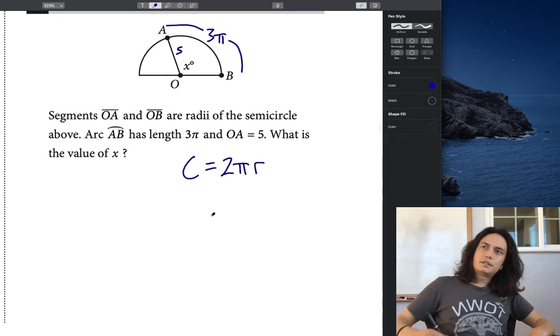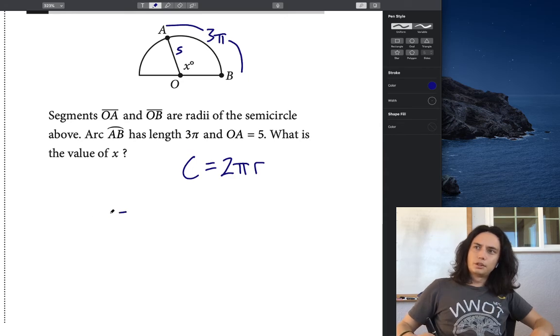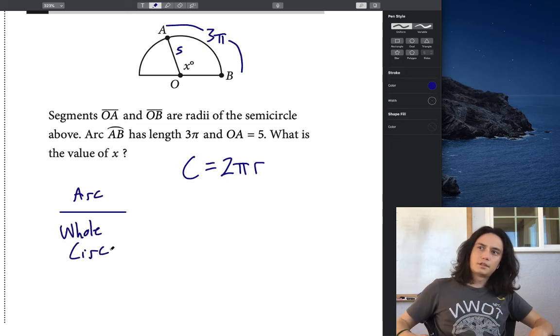And then the idea is that the relationship between the arc and the whole circumference is the same as the relationship between the little angle, which I'll just say x, and, because x is in degrees, 360 degrees.